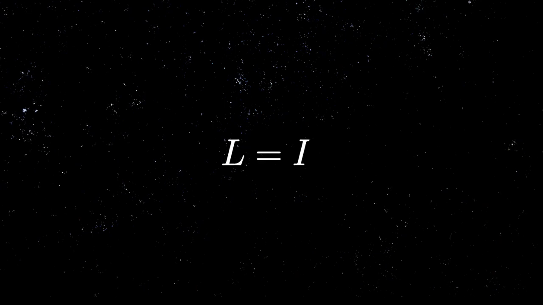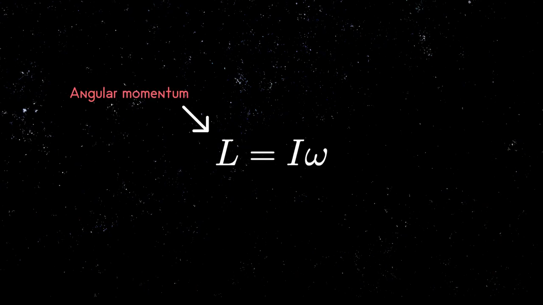In this way, angular momentum, L, can be expressed in a similar way to linear momentum as the product of the moment of inertia and the angular velocity. Now, what's important here isn't the form of the equation, but rather the statement that angular momentum is a conserved quantity. In plain language, an object which is spinning will continue to spin.